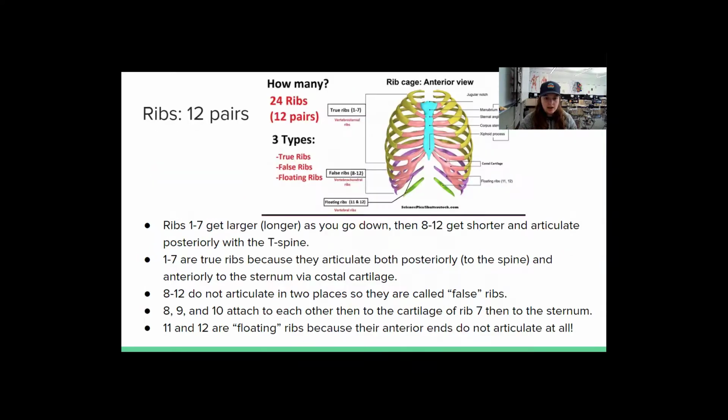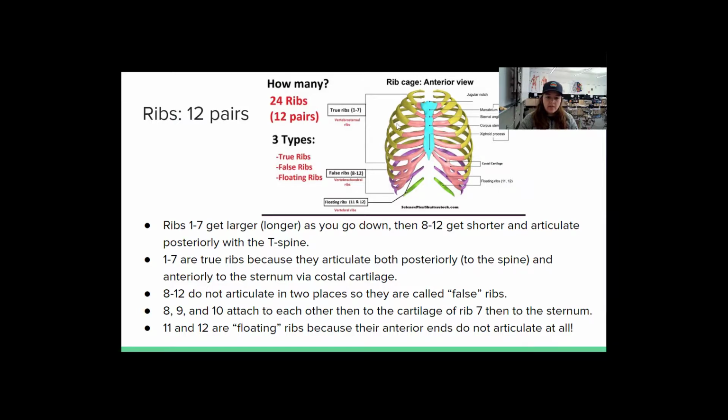So let's get into the anatomy of ribs. So you have 12 pairs of ribs for a total of 24 distinct individual ribs. Ribs 1 through 7, and it starts superior and goes inferior, get longer as you go down. And then ribs 8 through 12 get shorter and articulate posteriorly only with the T-spine.